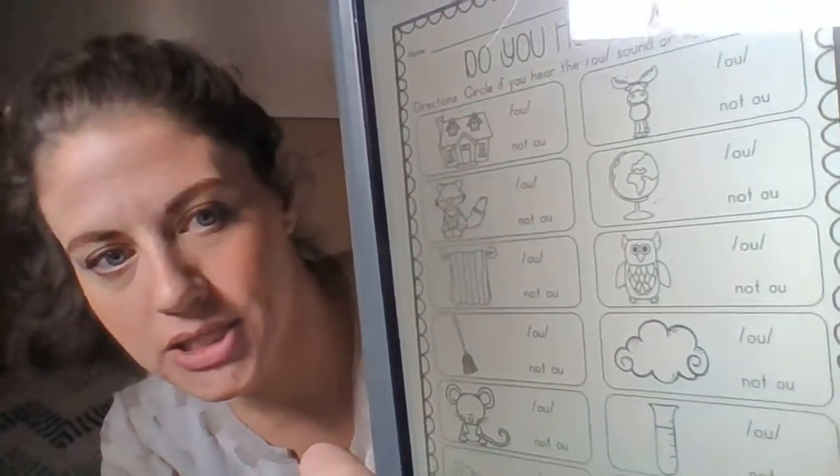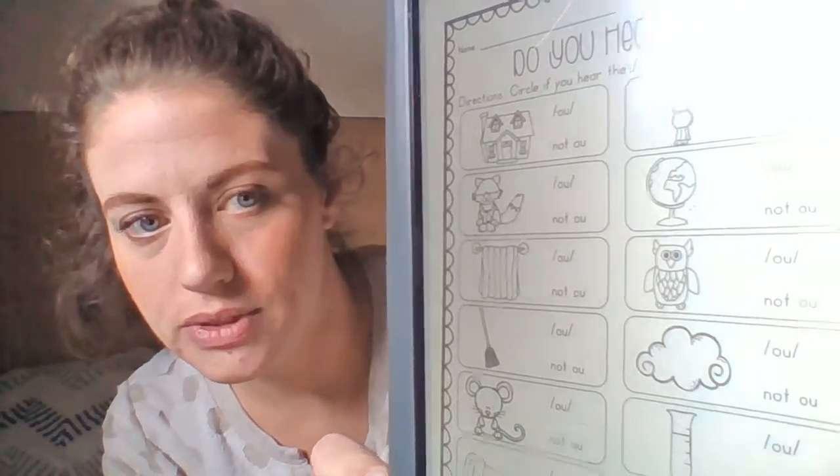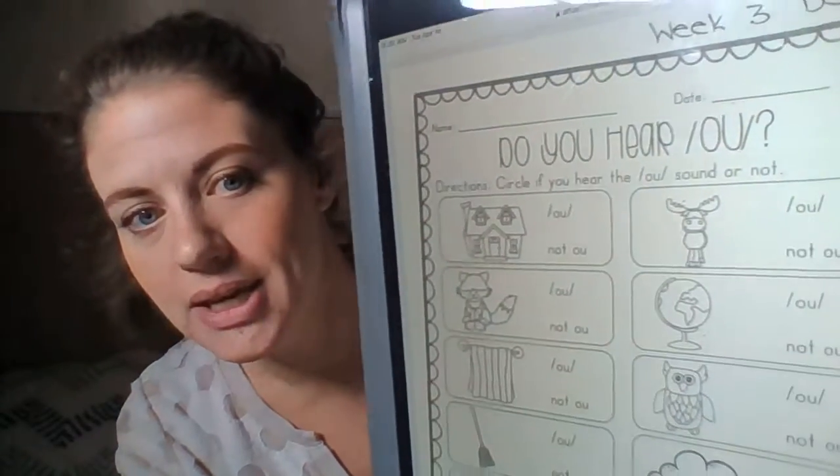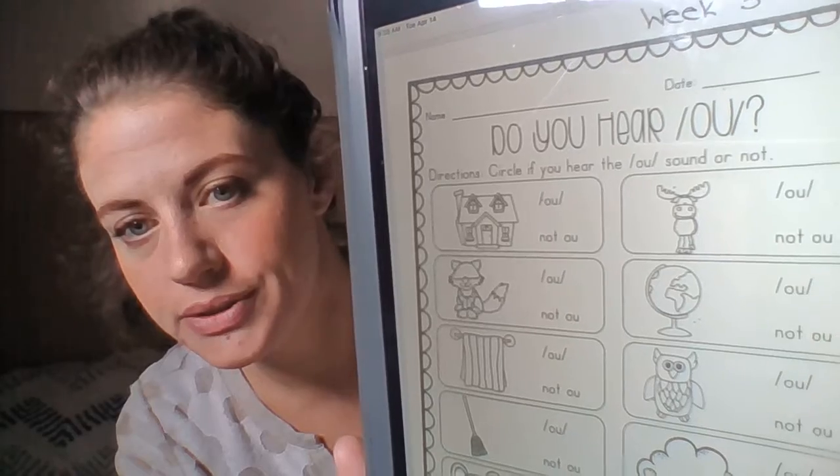Here's your first reading worksheet. This is the only reading worksheet you have today. Look at the picture, say the word, and listen if you can hear the OU sound. The OU sound makes "ow." Let's do one together. That first picture is a house.